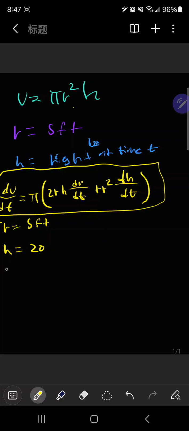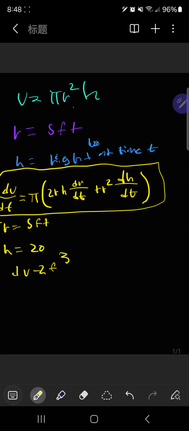This dV over dt was our 2 feet cubed. But the thing is, it's draining, so it's going to be negative.